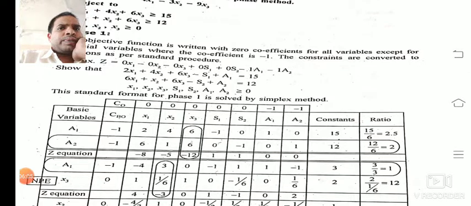Now coming to the Z equation row. The values are obtained by using the formula of summation of CB times XJ minus CJ, which gives you the Z equation row elements. After getting these, we need to find the leaving row and entering column. For the leaving row we consider the minimum positive value among 15 and 12.